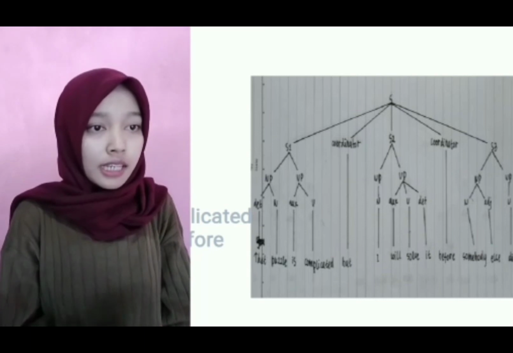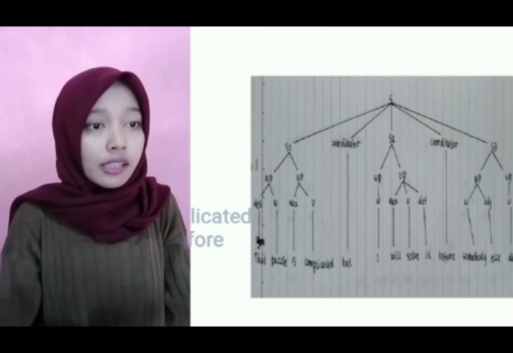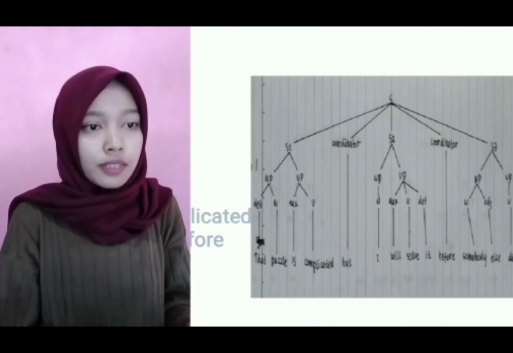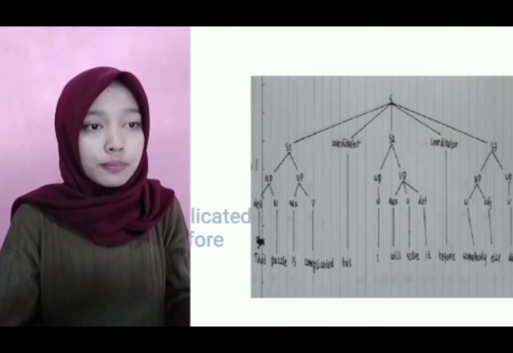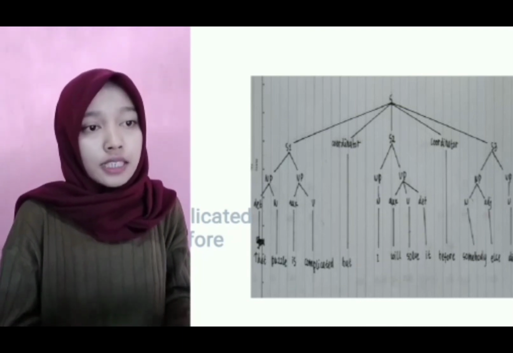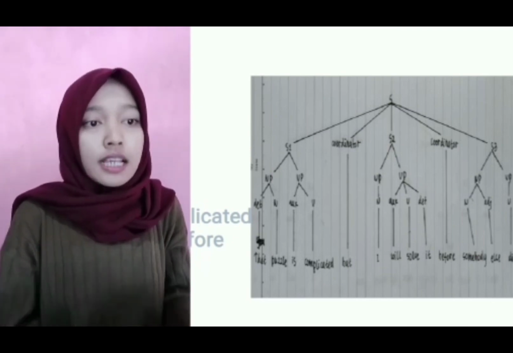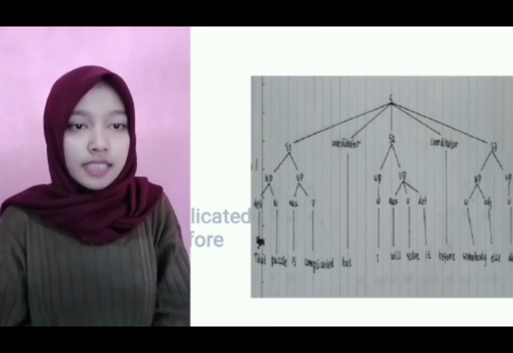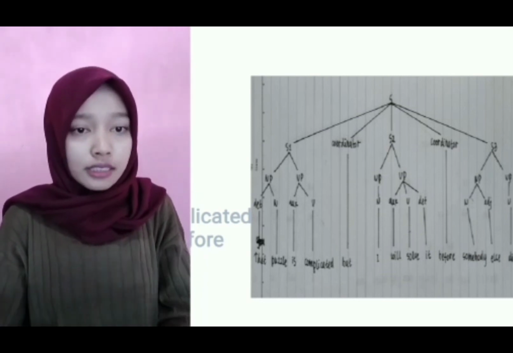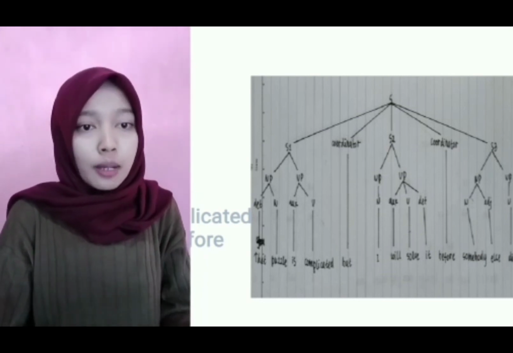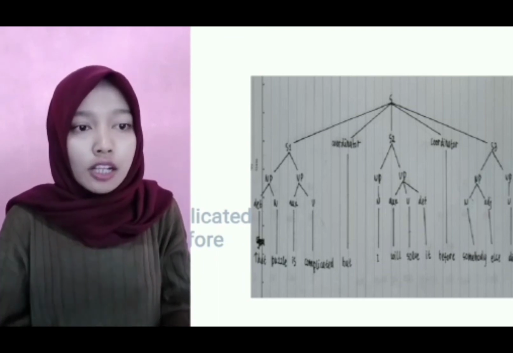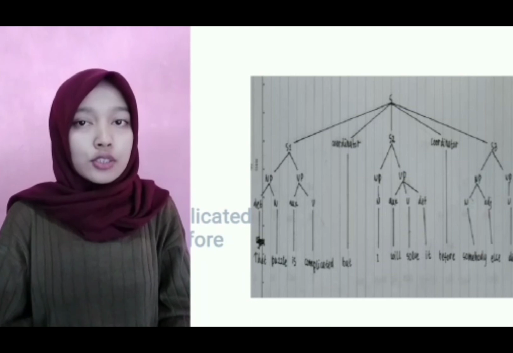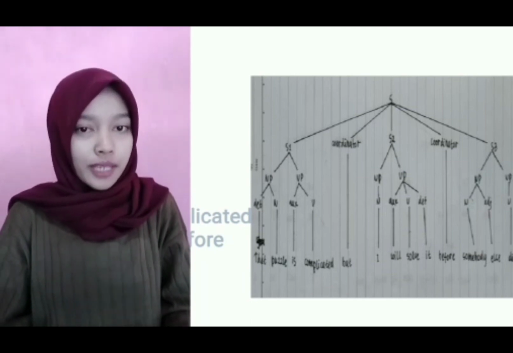Somebody is noun, else is adjective, did is verb. Somebody else is noun phrase. Did is verb phrase. Somebody else did is the third sentence. That puzzle is complicated, but I will solve it before somebody else did is a compound complex sentence.